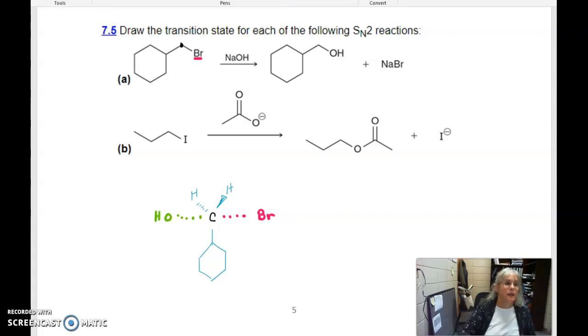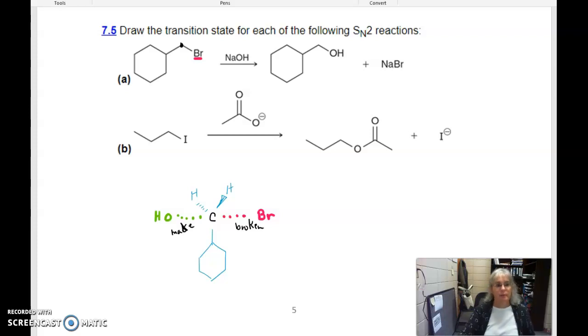So this one is being made, and this one is being broken. So it looks like this carbon is attached to 5 things, and in fact I have drawn 5 things, but it's really only attached to 4, because this one is being broken and that one's being made. They're kind of in between.